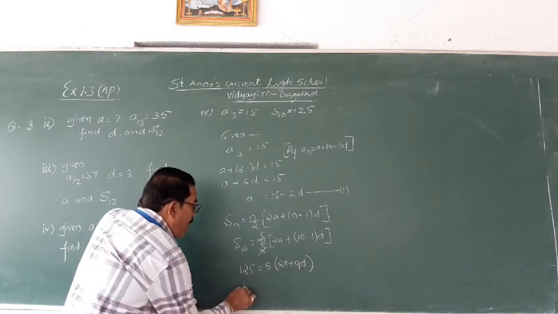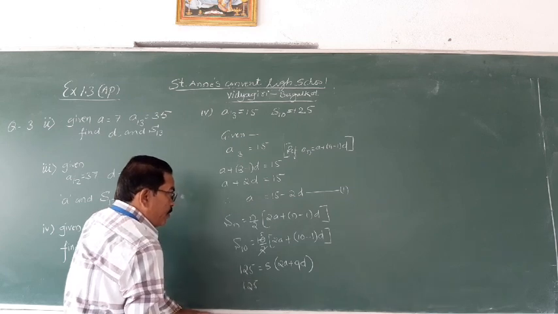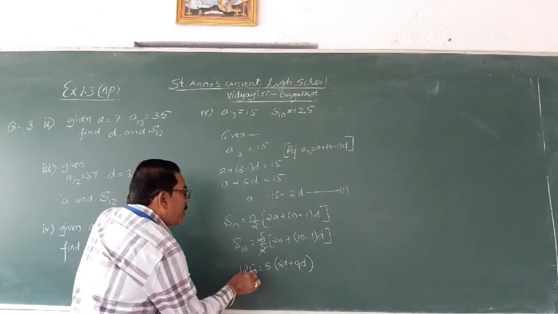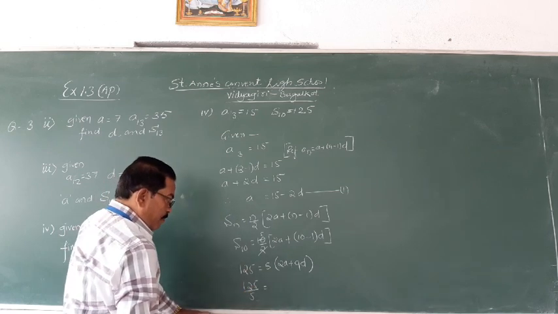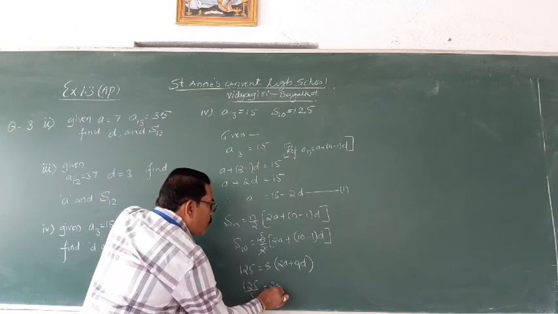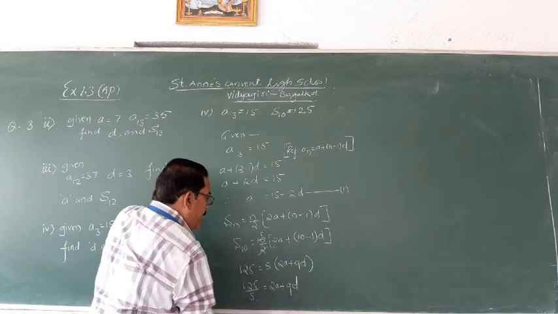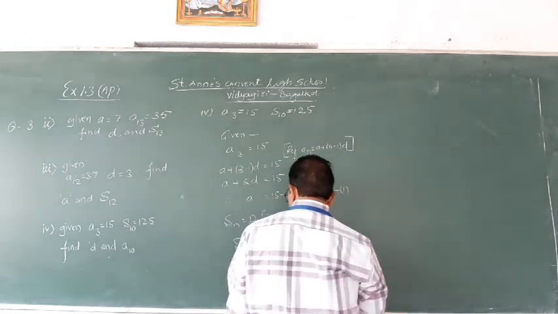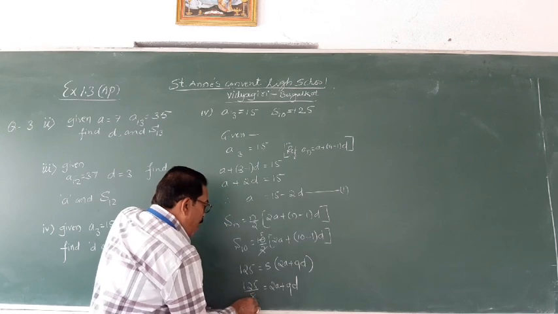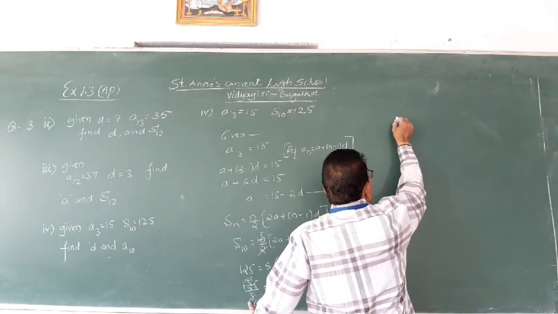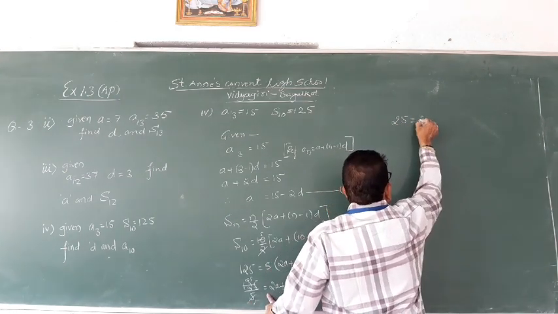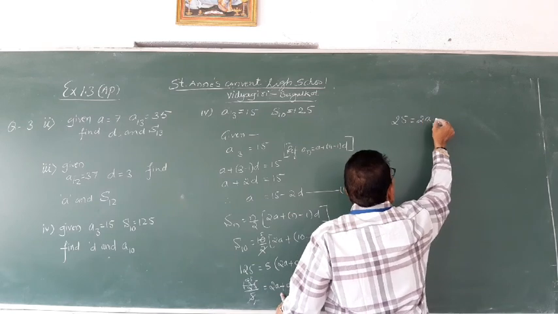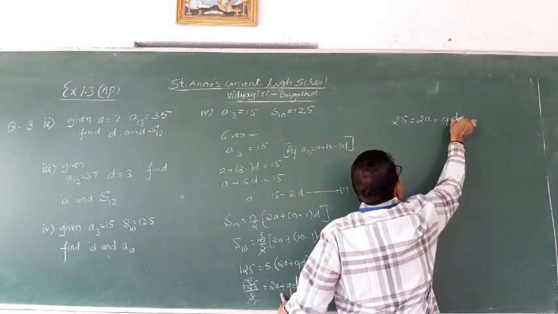So 125 by 5 equals 2a plus 9d, that is 25 equals 2a plus 9d.